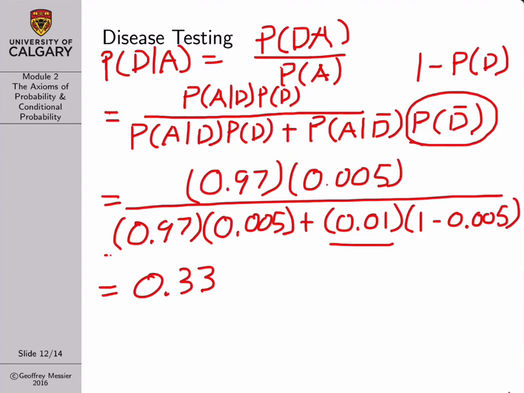So if we only send people into our testing machine that have a red rash, all of a sudden the occurrence of the disease in that population is going to be quite a bit higher than 0.005%. And so if the occurrence of the disease starts to increase relative to our false alarm rate, we may actually still get acceptable performance out of this machine, even without modifying it. But this calculation, I hope, will illustrate some of the things that we have to deal with when we're doing that kind of biomedical type design.